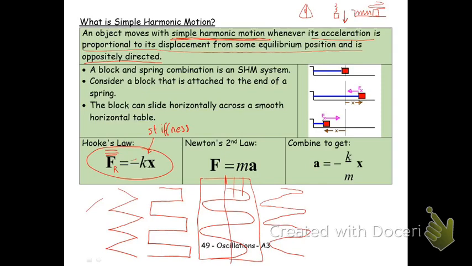And then the negative sign simply means that if my displacement is in a positive sense, my restoring force is in a negative direction. And if my displacement is in a negative sense, my restoring force is in a positive direction. So if we cut this equation to pieces, it's a linear relationship between the restoring force and my displacement.